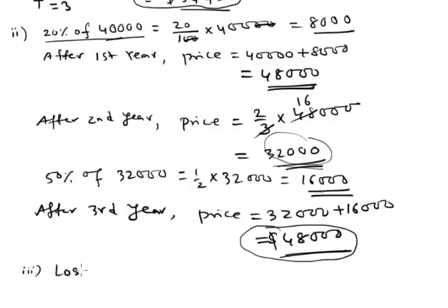This is the payment he needs to give, and this is the money he will get from the share. So the loss will be 54,400 minus 48,000, which is 6,400. So this $6,400 will be the loss.